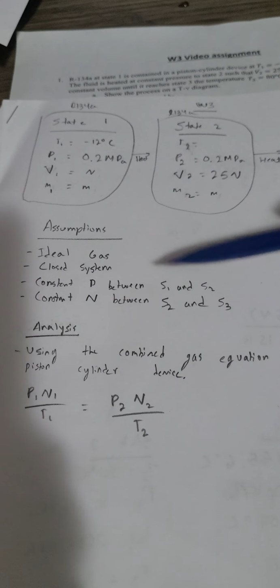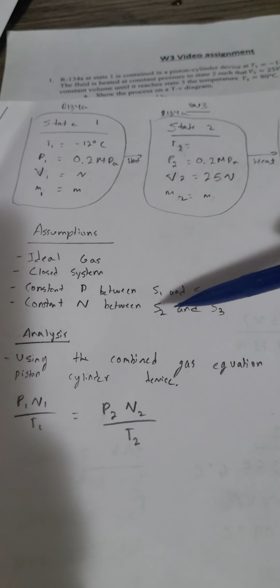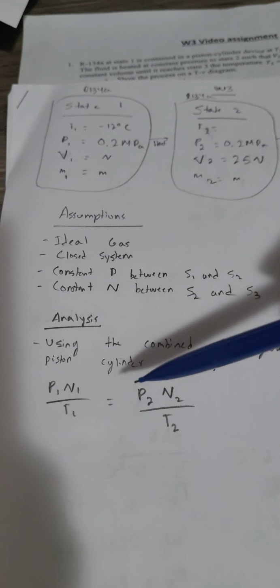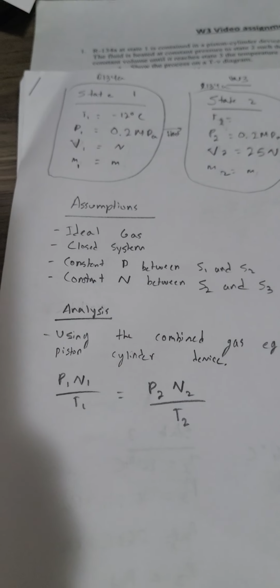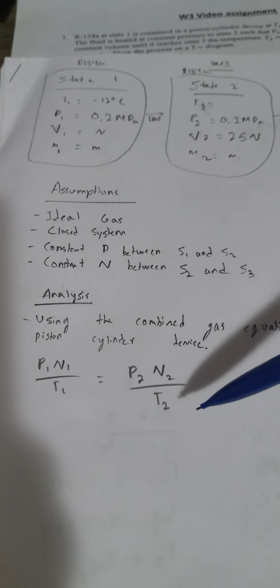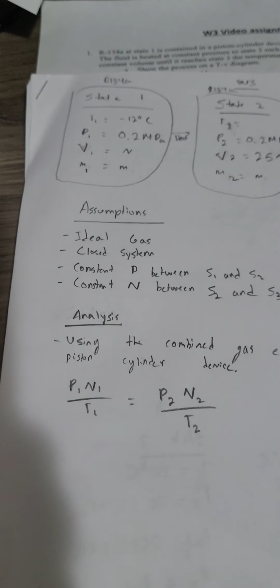And then I would use that to find the missing temperature in state 2 and the missing pressure in state 3, to then find what state it is in, using this equation here. And you can use this equation assuming that it is an ideal gas, and that mass is constant, so, yeah. Alright.